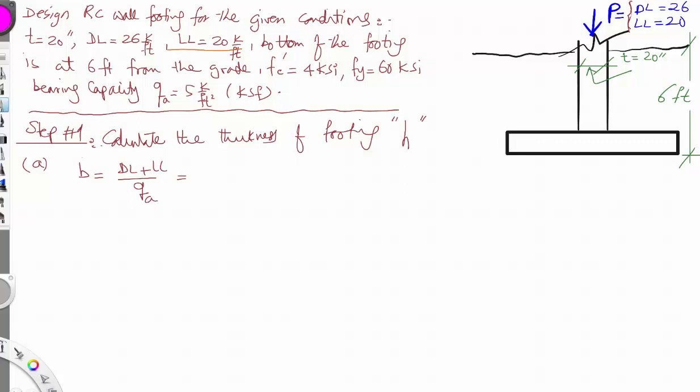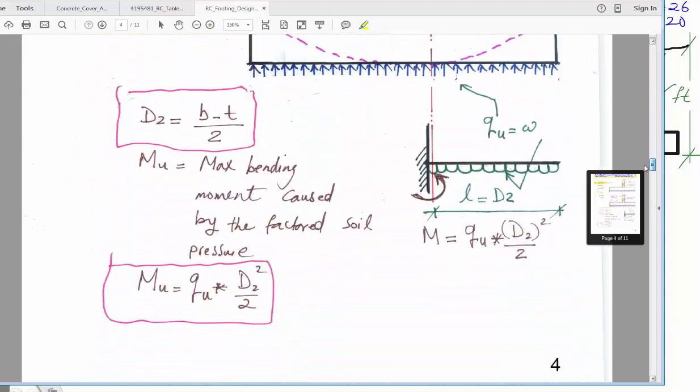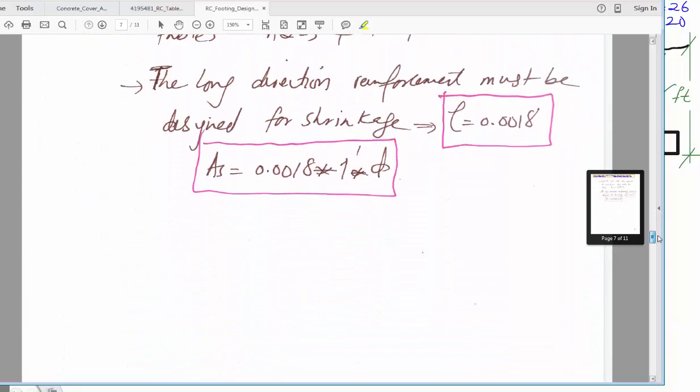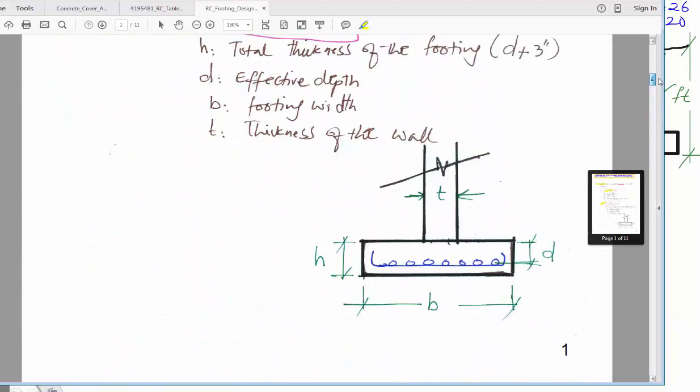Of course, this is an equation, so I will mark these in purple so that you know these are equations. And by the way, during the test you can bring these entire steps. We have 6 steps here. You can bring them with you to the test or assignment and just follow the steps and you should be fine, because the design most of the time is straightforward.